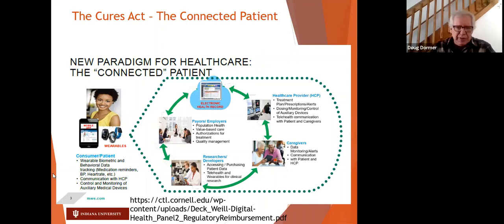I have a few problems with this particular rendering. Under the consumer patient, they show all kinds of things which are really about passive remote monitoring, which is just one form of consumer health information. Wearable biometrics, tracking, medication reminders, BP, heart rate, communication with providers, control and monitoring of auxiliary health information.